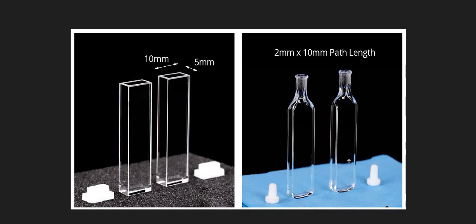You can use this sample holder where a path length of 5 mm is required. You can use this sample holder where the standard path length, that is 10 millimeter, is required. Similarly, these can be used where the standard path length is 10 millimeter, or there are some exceptional instruments where the path length is 2 millimeter. They can also be used.